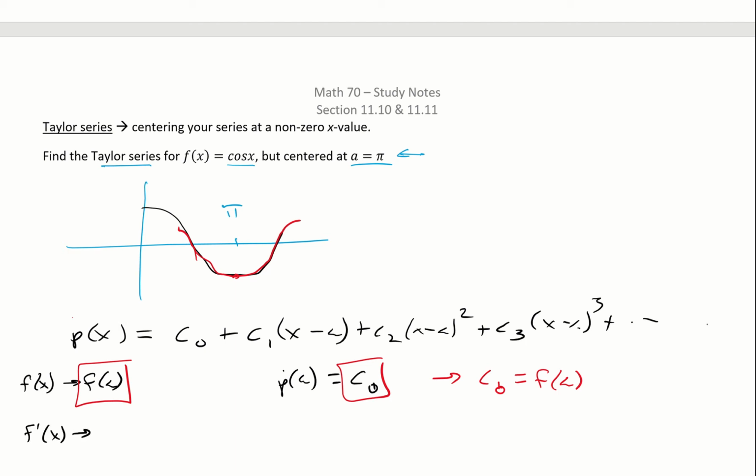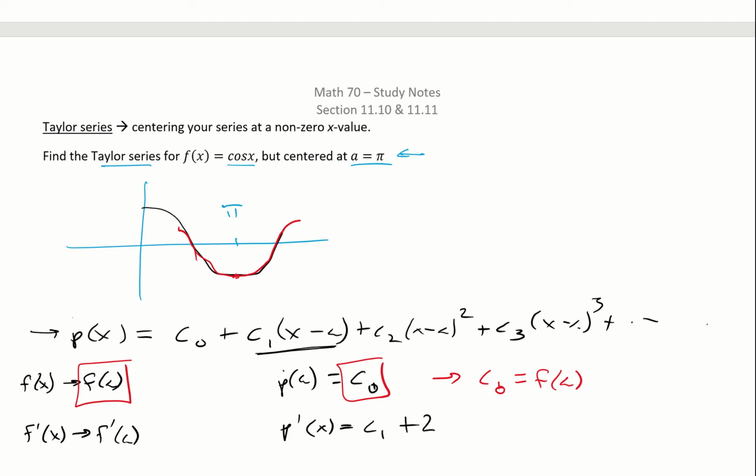All right, you go to the next one: here's f prime of x, we find it, and then we plug in a. So what does p prime of a look like? That's what we want. We want them to match. The first thing you have to do is find p prime. So p prime of x is, looking up here, the C0 disappears. What happens when you differentiate that? You just get C1.